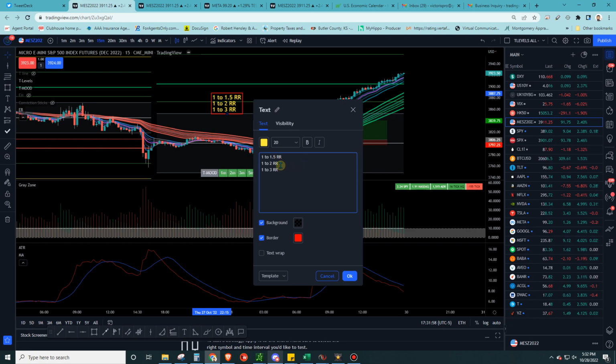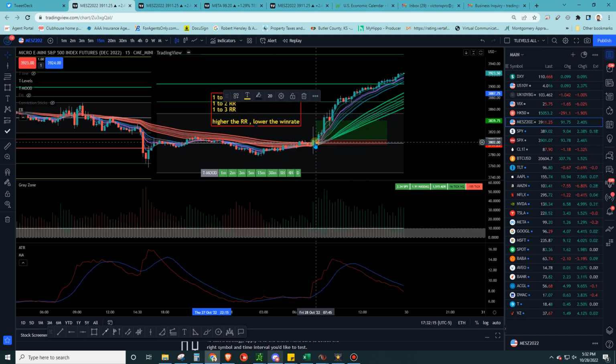But here's the thing: each of these levels is going to hurt your win rate. The higher you go on the spectrum of risk reward, the lower the win rate. And why is that? Because if you're getting in here with a 3 to 1 risk reward, then your target with 9 points is 9 times 3, so 27 points.